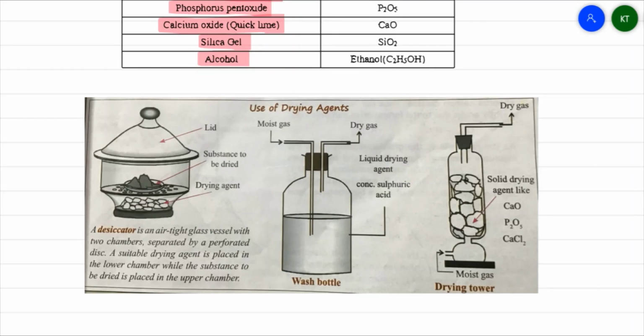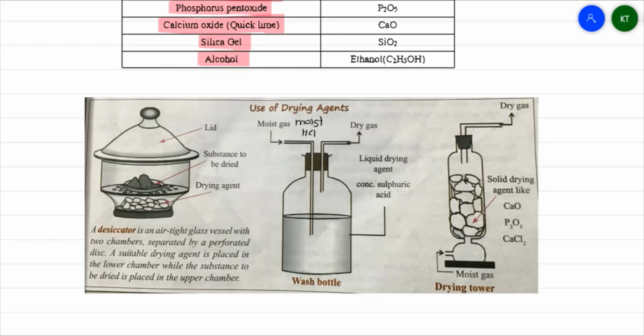These are a few examples of how we can use drying agents. I have a gas containing moisture. Let me take an example: moist HCl gas is passed through concentrated sulfuric acid.